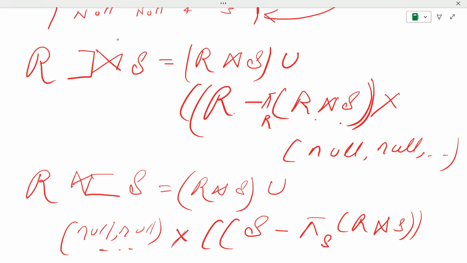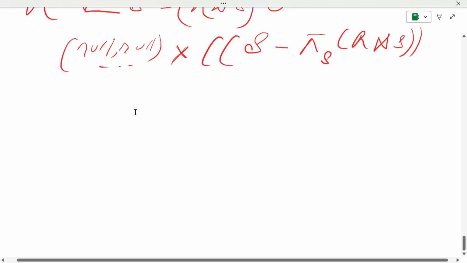So this is one way of representing the right and left outer join.